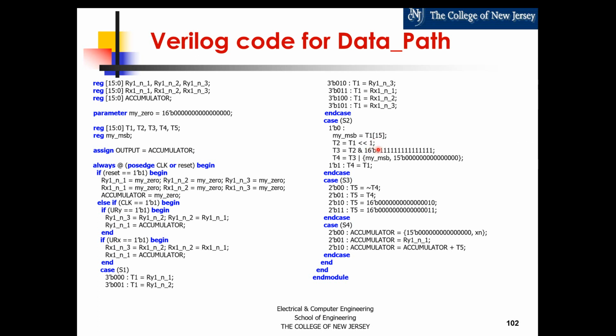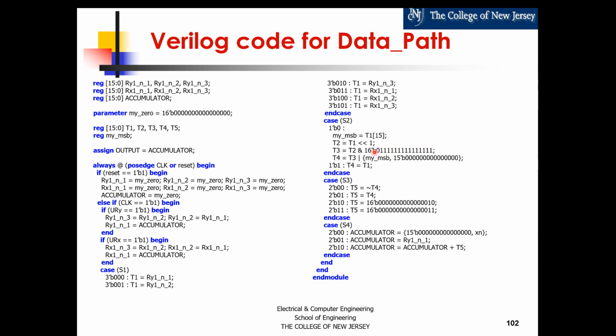So I'm going to store the most significant bit, the sign bit of this output here, into my MSB that I define over here. Then I'm going to do the shift.